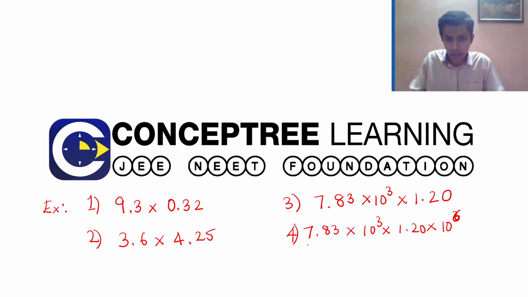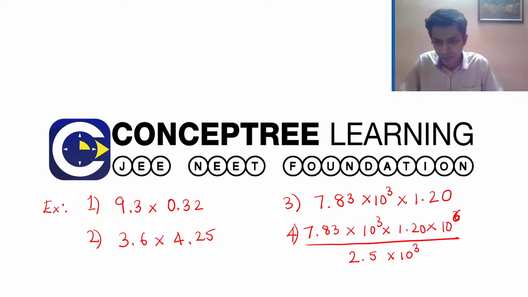Last one, maybe I'll give you division as well. 2.5 into 10 power. Yudhishri, Sarayu, Jagdish, all can reply.